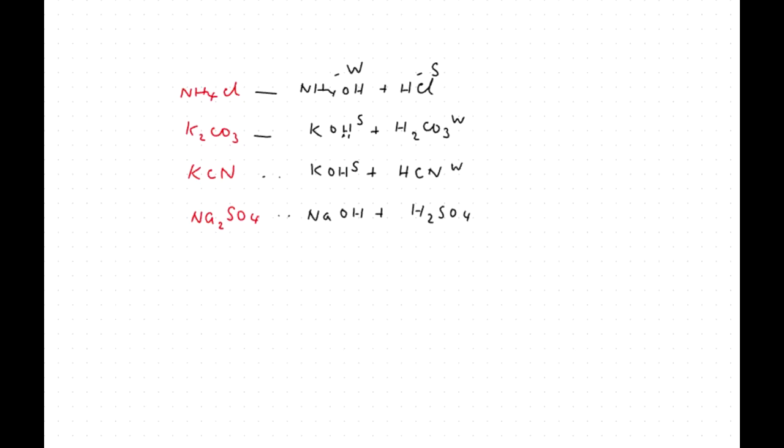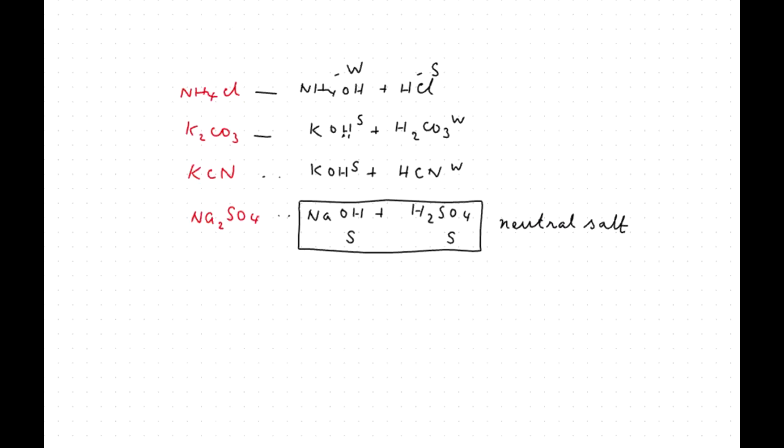But in the last case, sodium hydroxide is also a strong electrolyte, and the sulfuric acid is also a strong electrolyte. When two strong electrolytes, one acid and one base, combine, they will give a salt called neutral salt. So on the addition of neutral salt, the pH of the solution will not change.